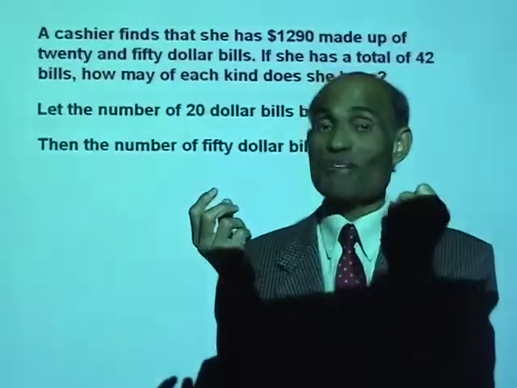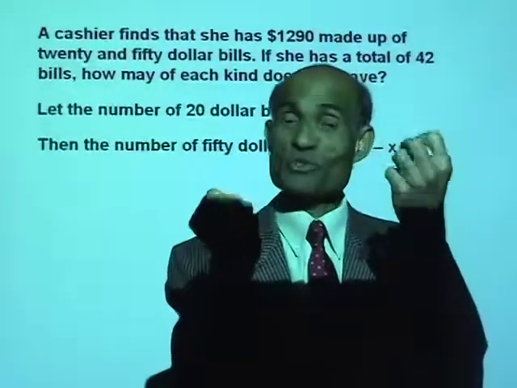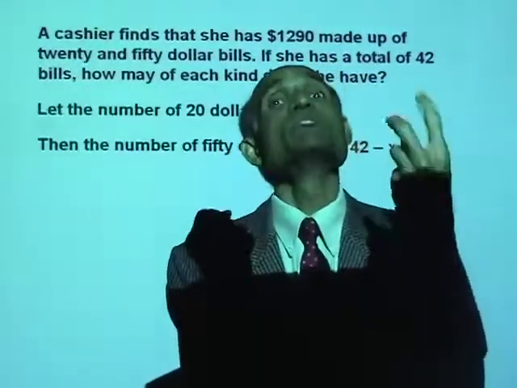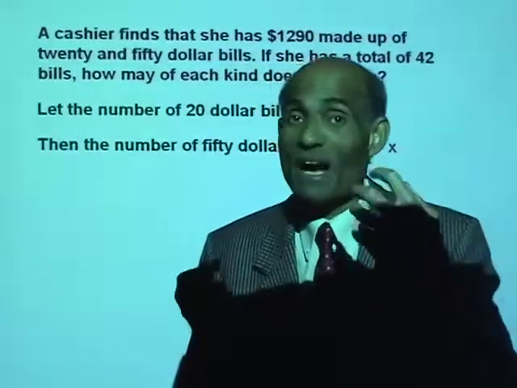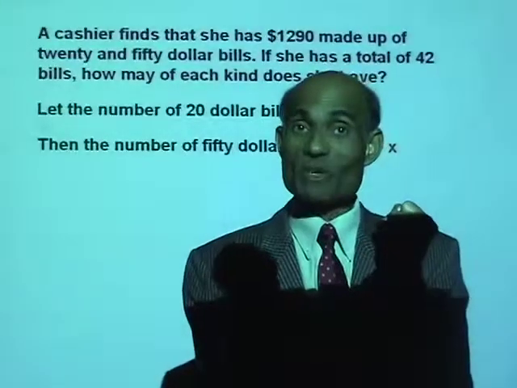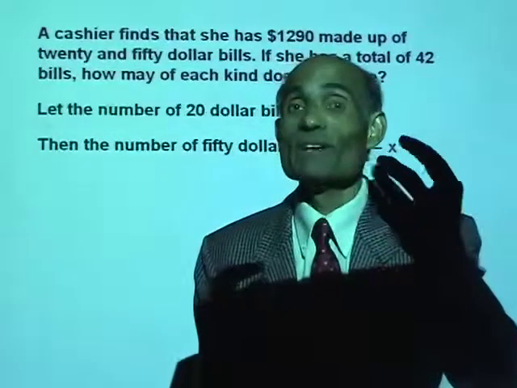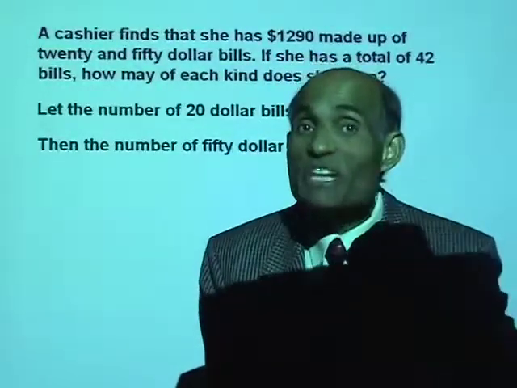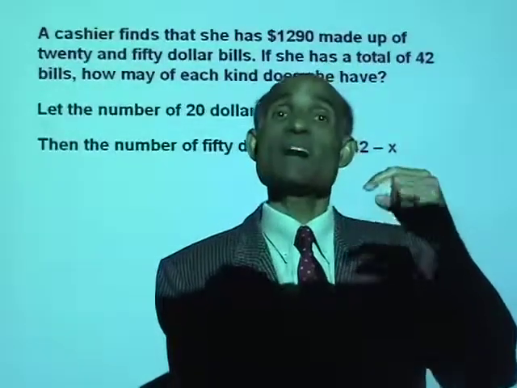Each $20 bill has a value of $20. So two $20 bills will give me 2 times 20, $40. If I have 5 $20 bills, the total value will be 20 times 5, 100. If I have 8 $20 bills, the total value will be 20 times 8, $160.